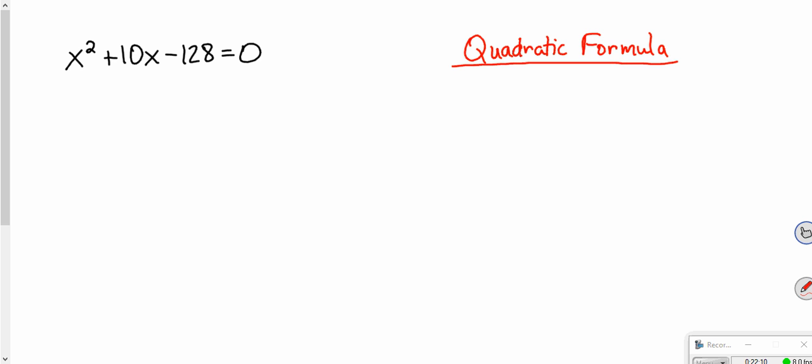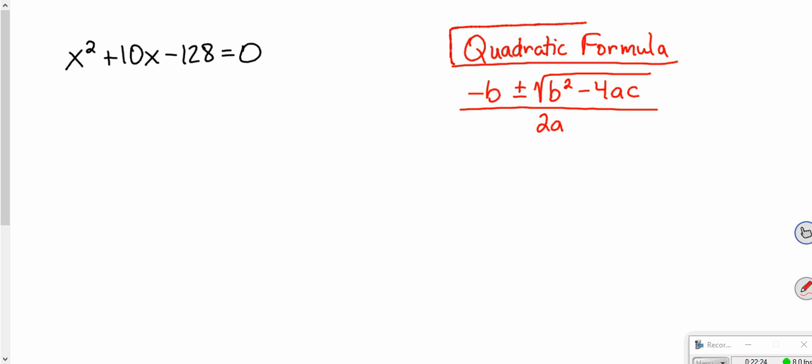Quadratic formula is negative b plus or minus the square root of b squared minus 4ac all over 2 times a. Okay, now this is a biggie. All right, when in doubt, and you can't factor, this is probably the next easiest way to solve a quadratic.